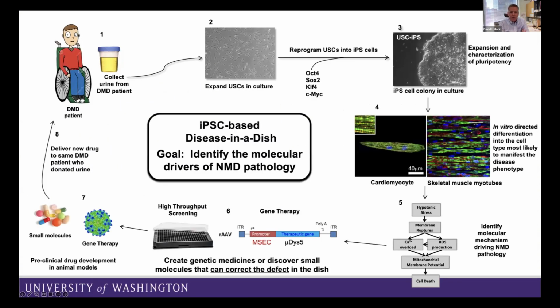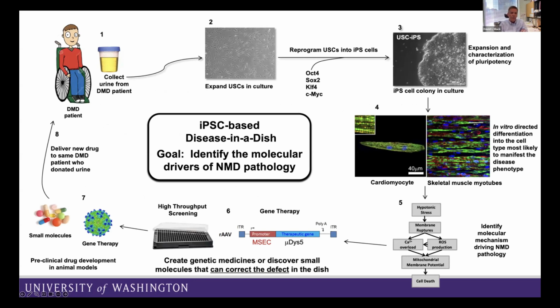And for those of you who don't think about this so-called disease in a dish idea, I want to take you through the workflow that we commonly use in my laboratory. So the idea is that a child with Duchenne muscular dystrophy comes into the clinic. We can collect their urine, and in that urine are sloughed kidney nephron cells that we can then expand in culture to capture that patient's genotype.